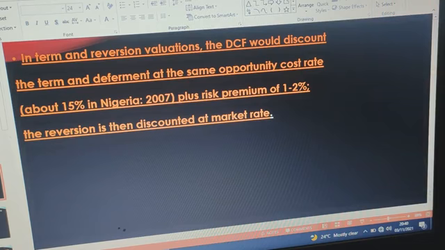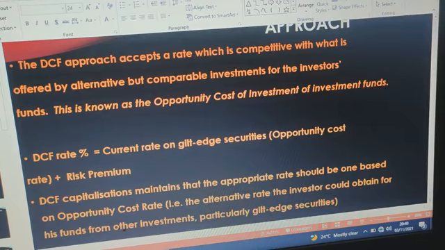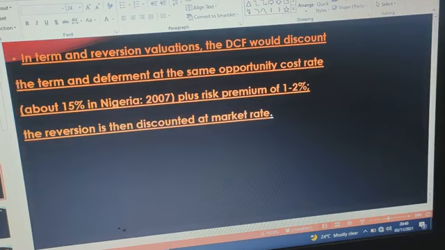DCF capitalization maintains that the appropriate rate should be one based on opportunity cost rate, i.e. the alternative rate the investor could obtain for his funds from other investments, particularly gilt-edged securities.